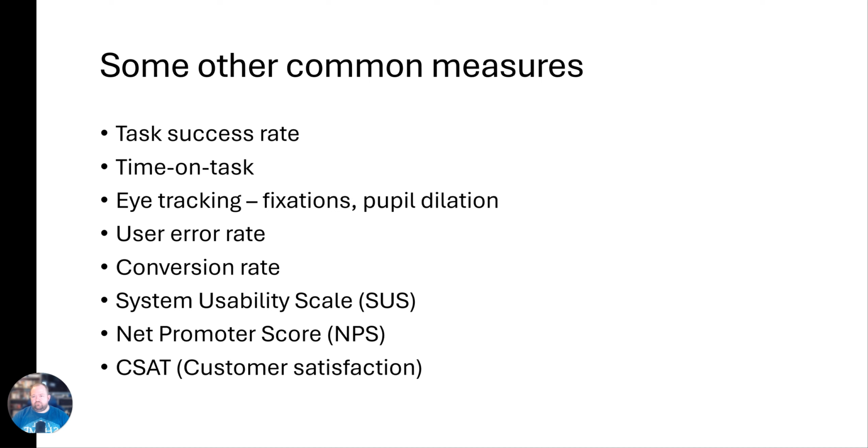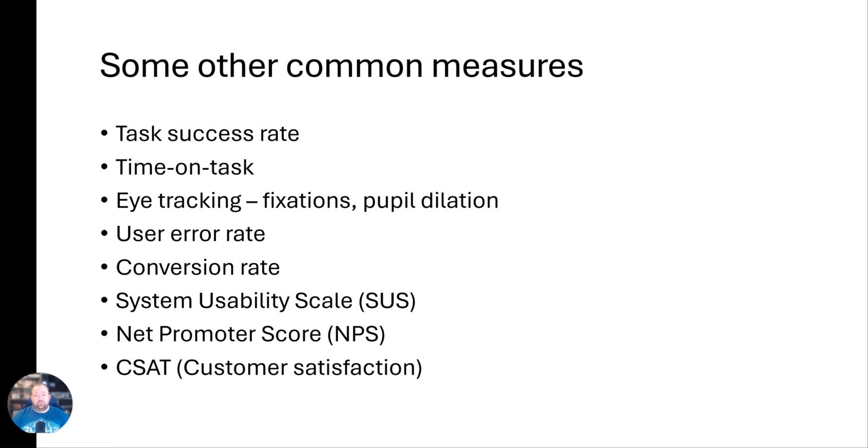Okay, what's wrong there? So that can be a useful measure to funnel problems. Eye tracking, so like I said, this can be qualitative in the sense of we want to see where they're looking, but counts of fixations and location of fixations, pupil dilation, other biometrics aspects, those can be used quantitatively.